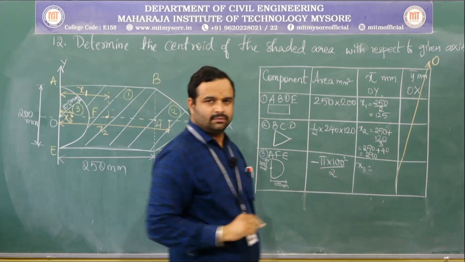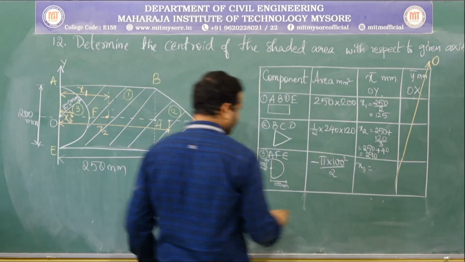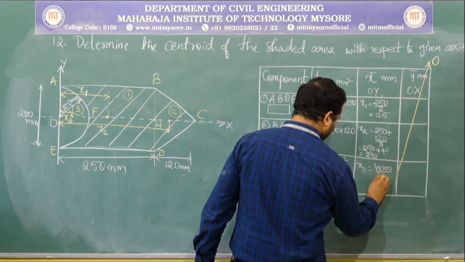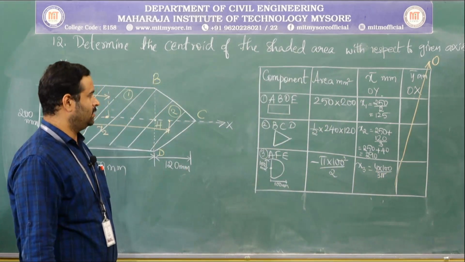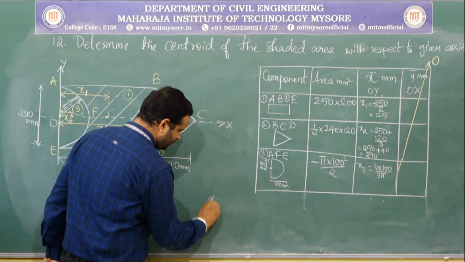Okay. So, that is nothing but 4r by 3 pi. Now, we shall substitute this in x bar formula.